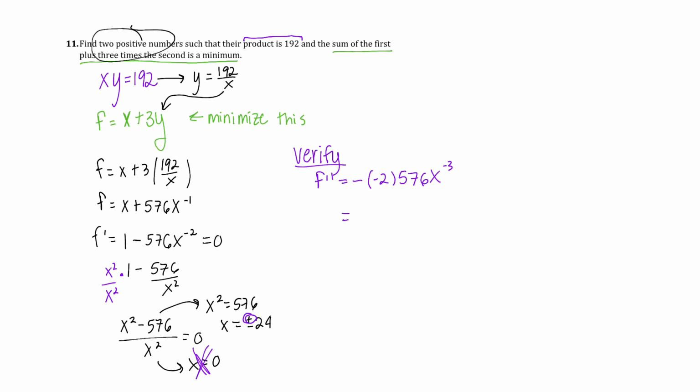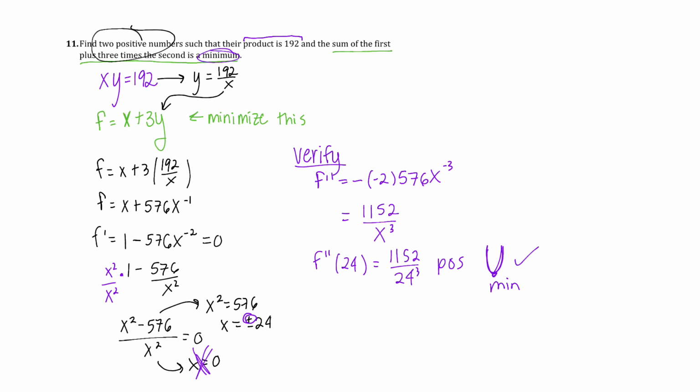So you end up with 1152 over x cubed. If you plug in your 24, so you try f double prime of 24, that's 1152 over 24 cubed. That's going to be a positive number. So f double prime positive means you are concave up, which means you have a minimum, which is what we wanted. It said minimum.